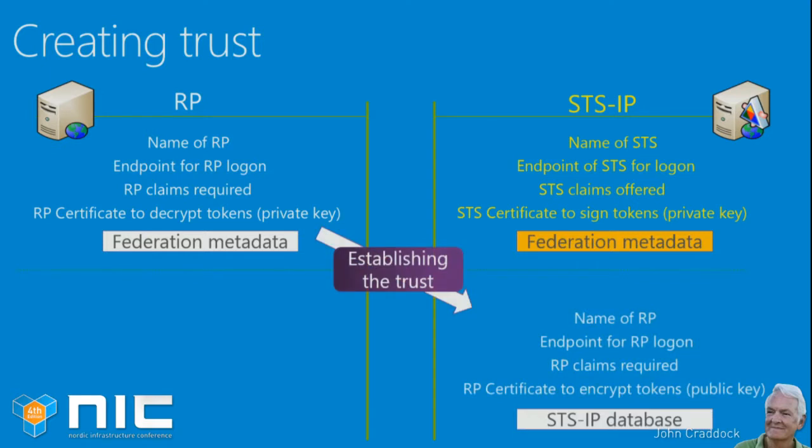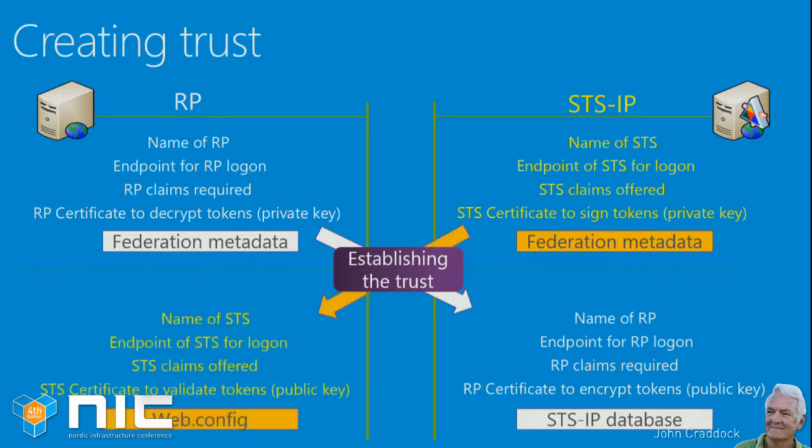The best way of doing it is with the exchange of federation metadata. There's an XML file that describes all the information, and we take the STS one and give it to the relying party, which generates one and gives it up to the STS. But again, if your metadata goes stale, that can cause you trouble as well.